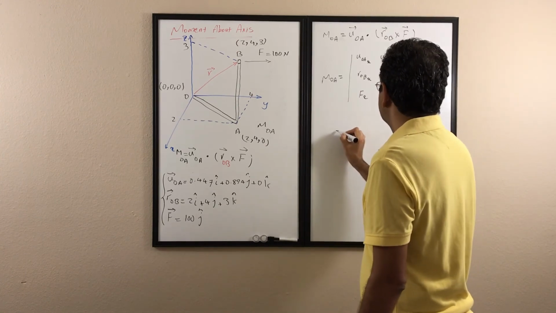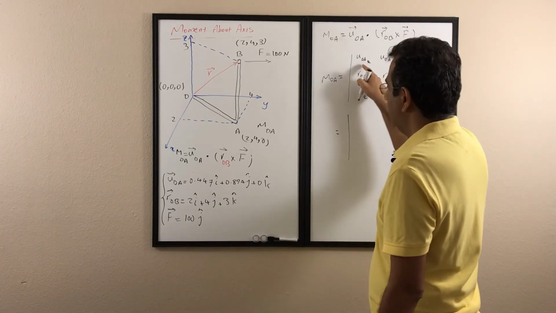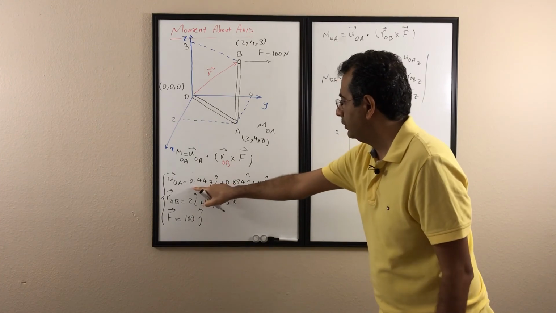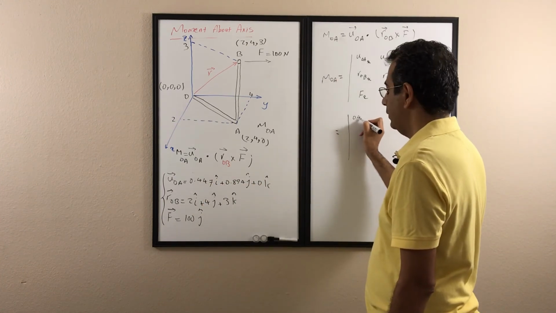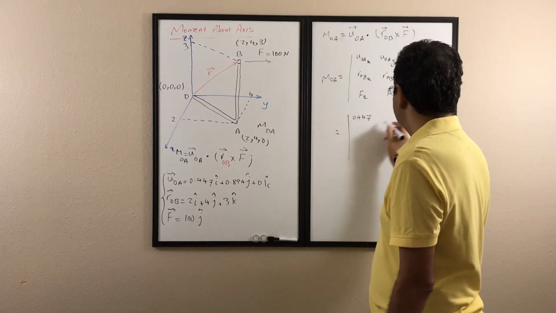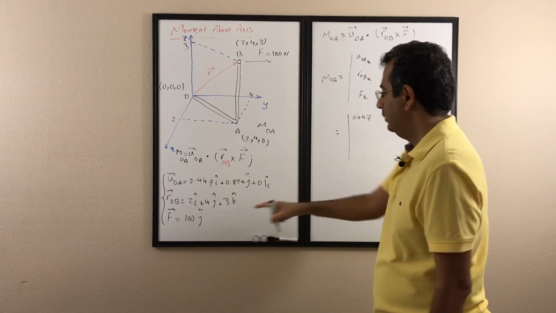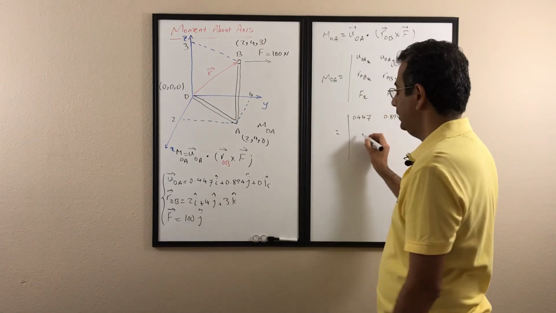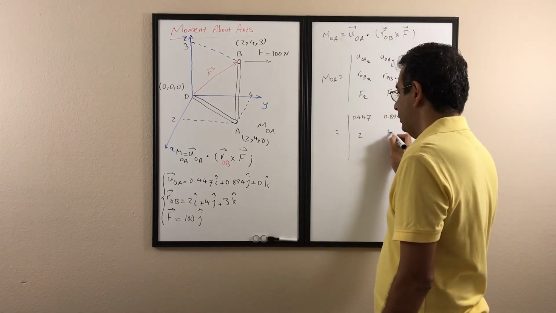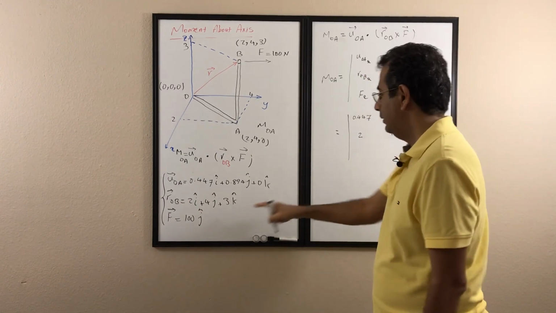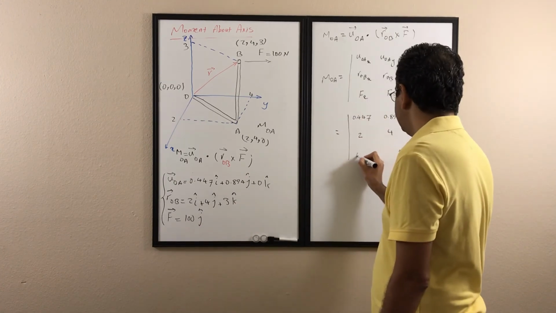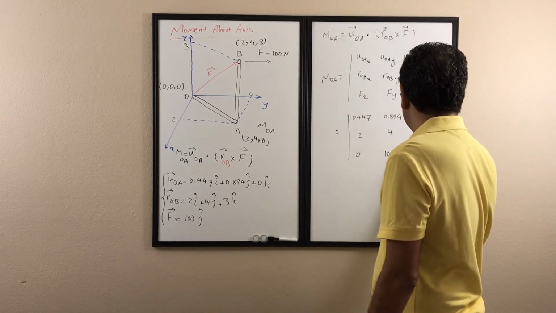If I substitute the values, the unit vector is 0.447, 0.894, and 0, ROB is 2, 4, and 3, and F is 0, 100, and 0.